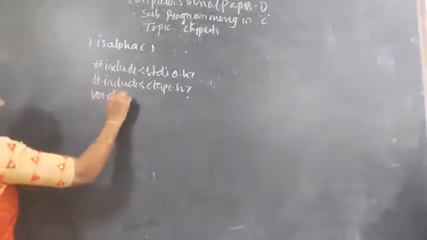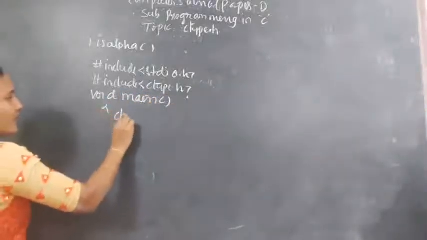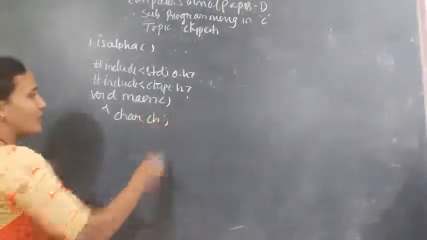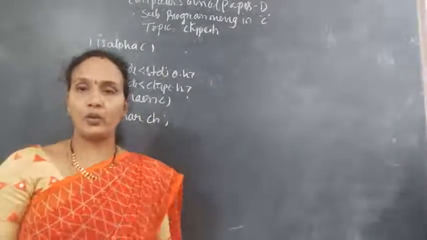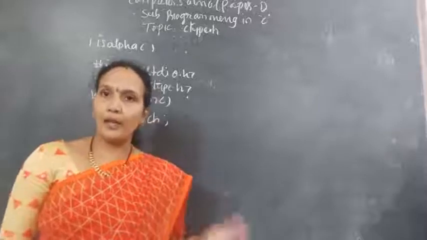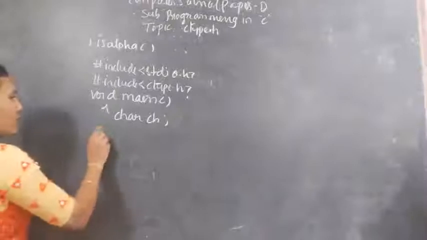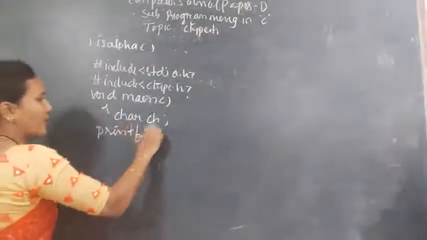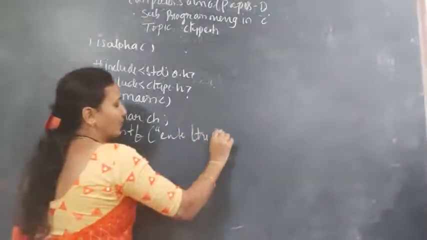Okay, now after this, void main, your program execution starts from this only. Next, char ch, because I'm taking a character from the user, so that particular value's data type should be character. Now after this, I'm giving a prompt to the user: printf enter the input.